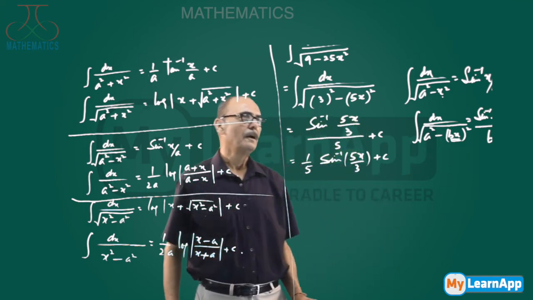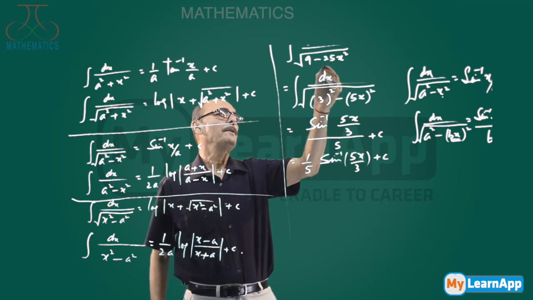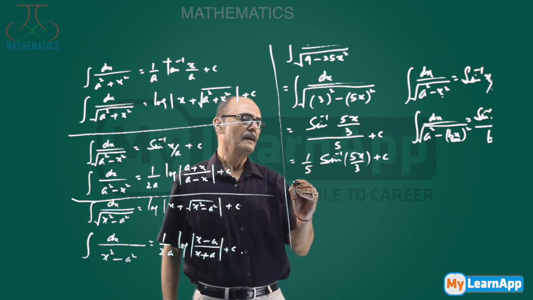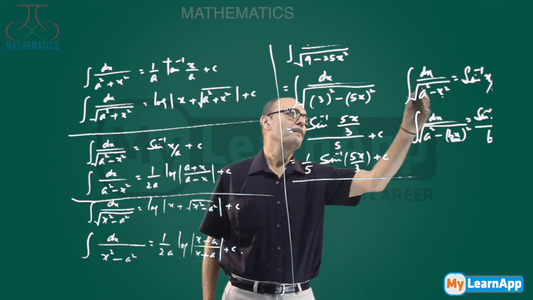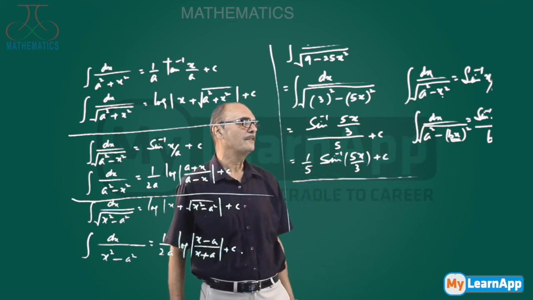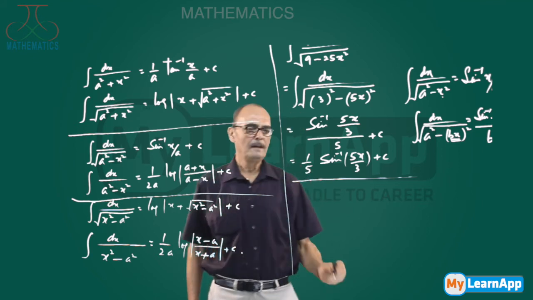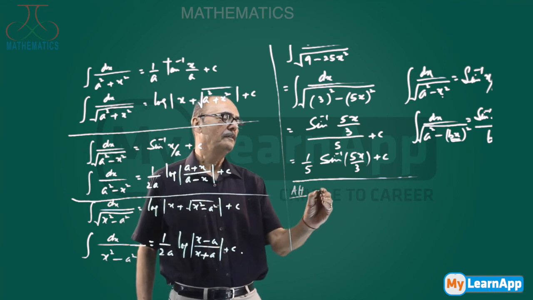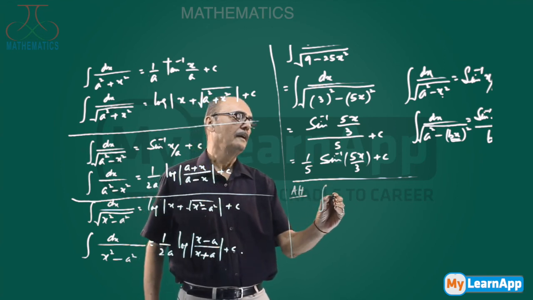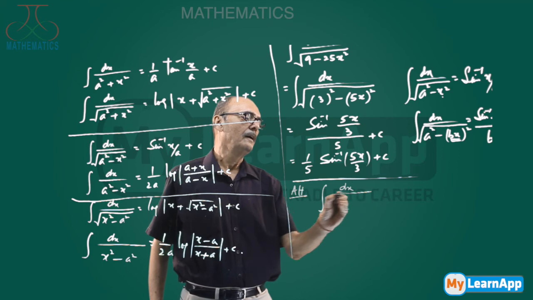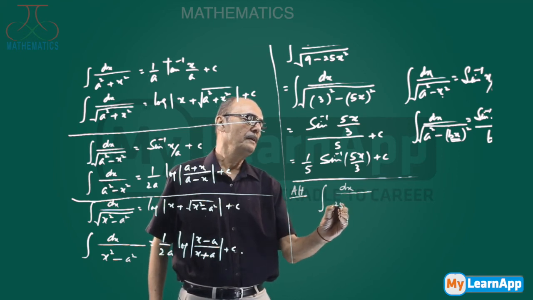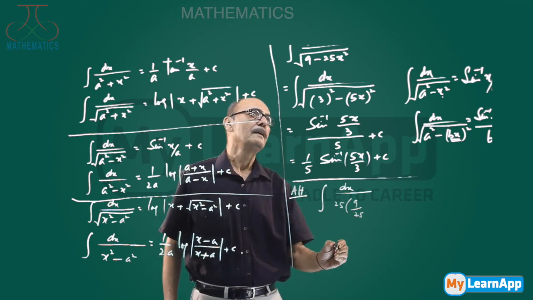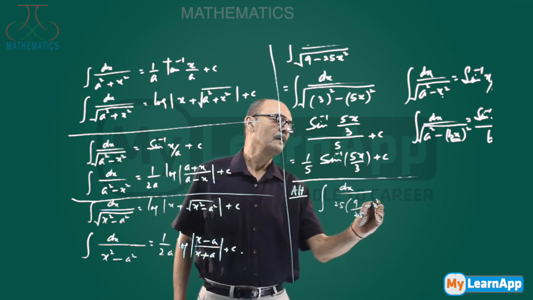Otherwise, you can take out 25 common here and then use this formula so that the coefficient of x square is 1. Well, see the alternative way. This is an integral dx upon under root 25 common, 9 upon 25 minus x square.